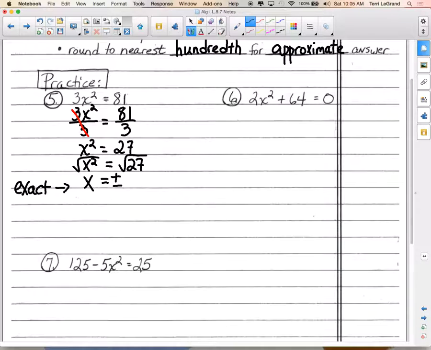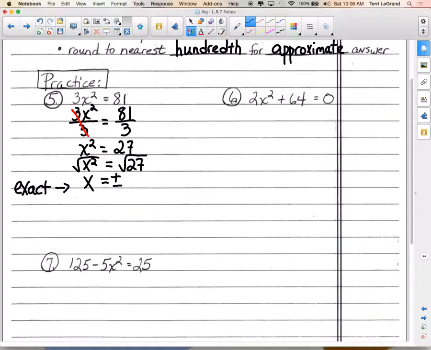27 itself is not a perfect square. So what we're going to look for are any perfect squares under 27 that can divide into 27. In other words, can we rename the square root of 27 as the square root of a perfect square times the square root of the factor for that number? So 4 doesn't go into 27.